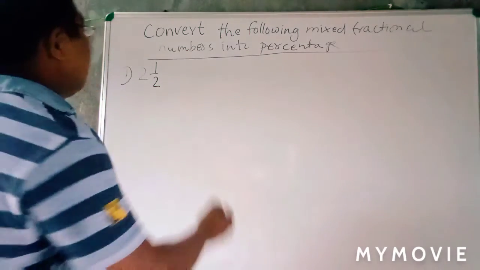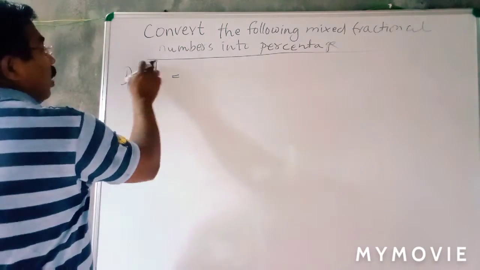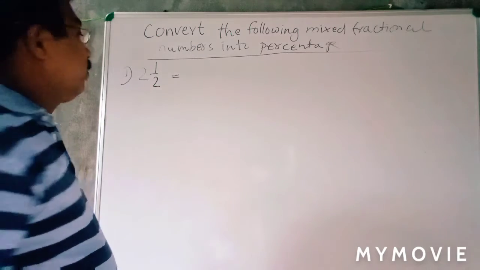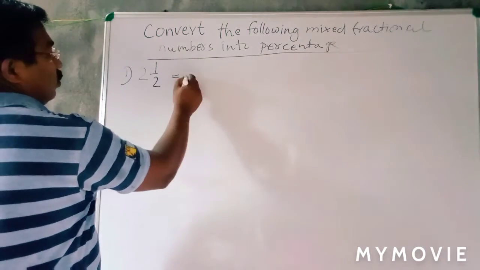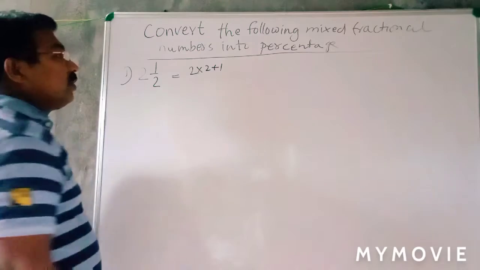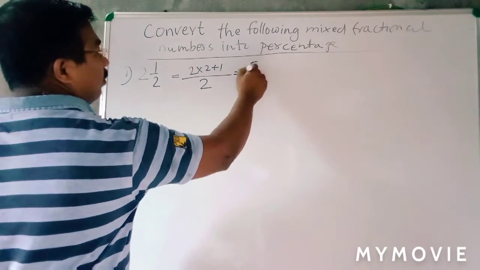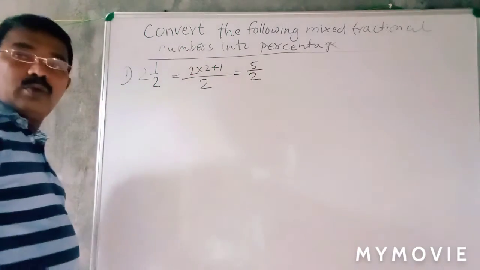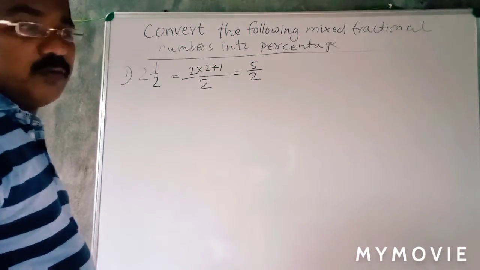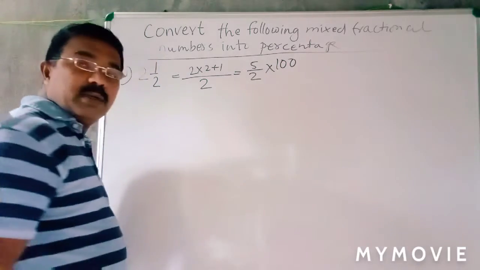You see how we can convert or change 2 1 by 2 into an improper fraction. Multiply this 2 into 2 plus 1 and divided by 2. It means 5 by 2. We changed it into improper fraction. Now multiply it with 100. You will get the percentage.